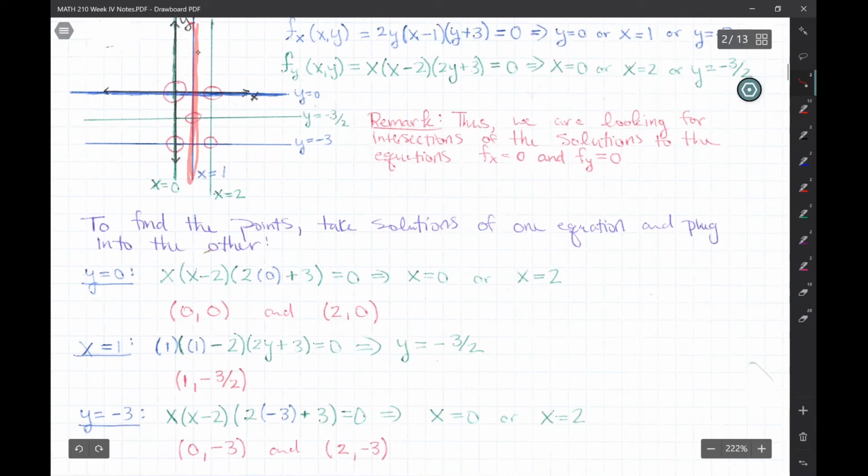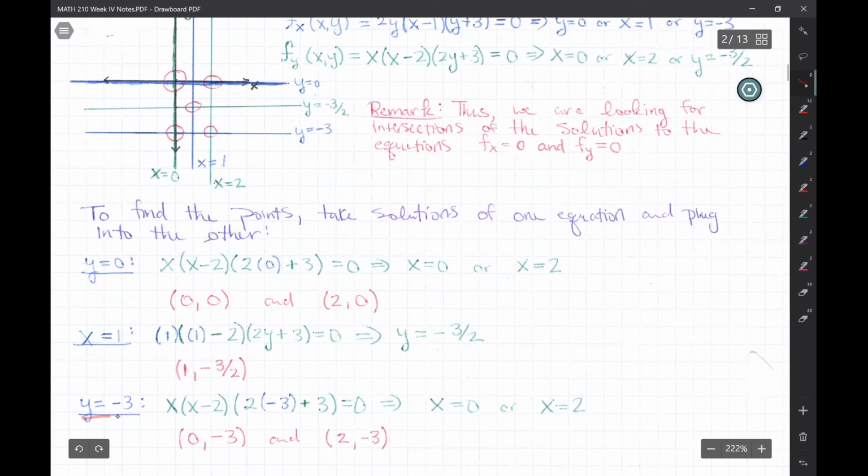Okay, so here's the x equals 1 solution. I'm moving along that line, and when I plug it into the second equation, I'm basically asking, where does the blue line intersect any green line? Okay, and we get an intersection at y equals minus 3 halves, and so that's where we get our point (1, minus 3 halves).